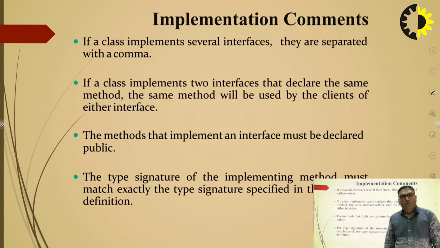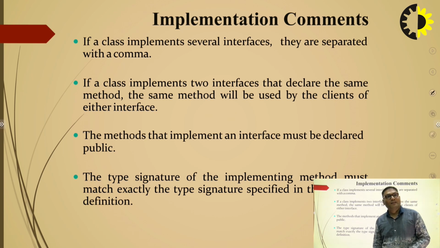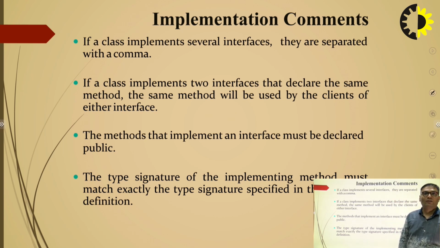Now, implementation comments. If a class implements several interfaces, they are separated with a comma, as we have seen in a previous example. If a class implements two interfaces that declare the same method, the method will be used by the client for both interfaces.